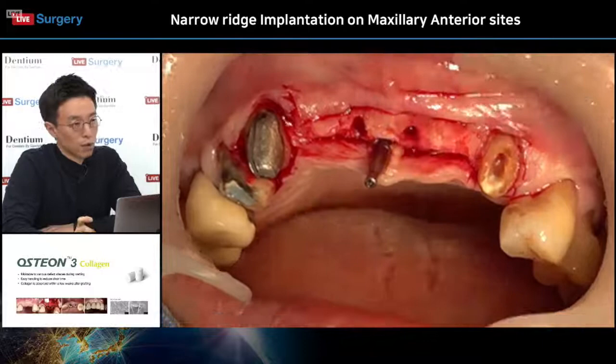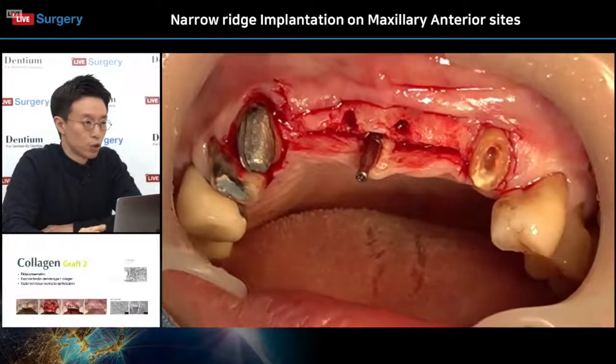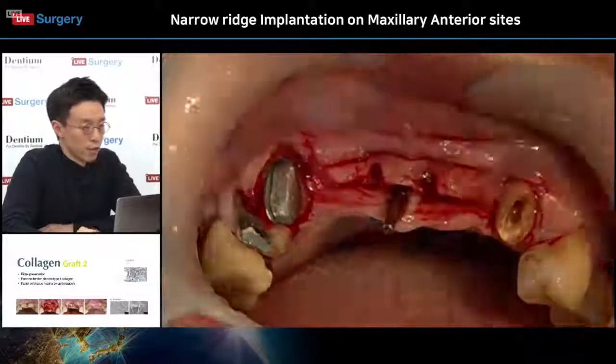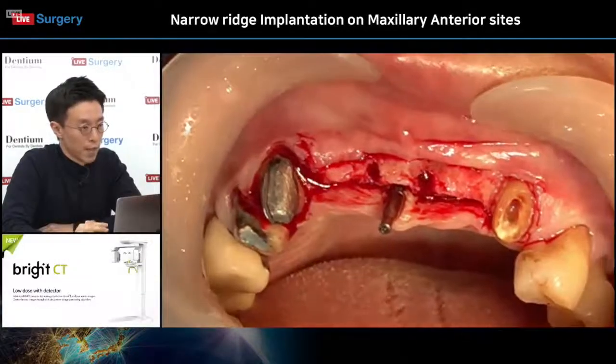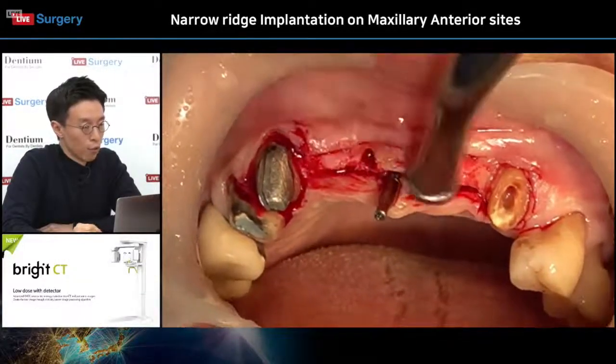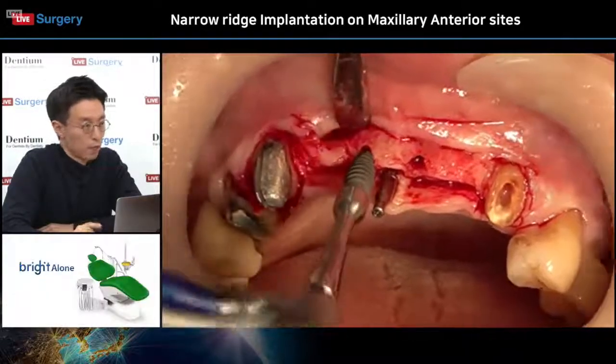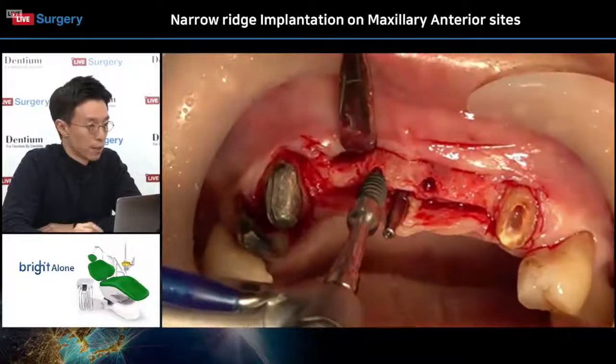When the ridge width is from 2 to 4 millimeters, we can expand the width only by using the ridge expander drill of our kit.